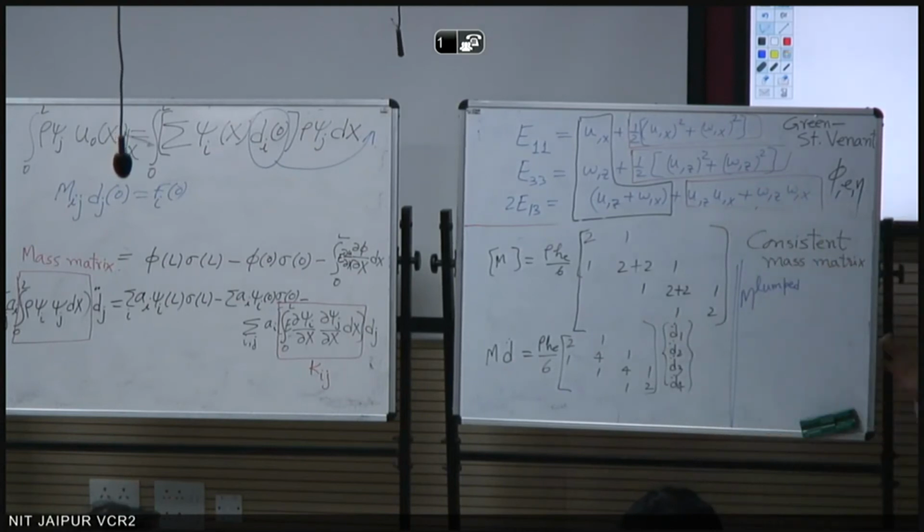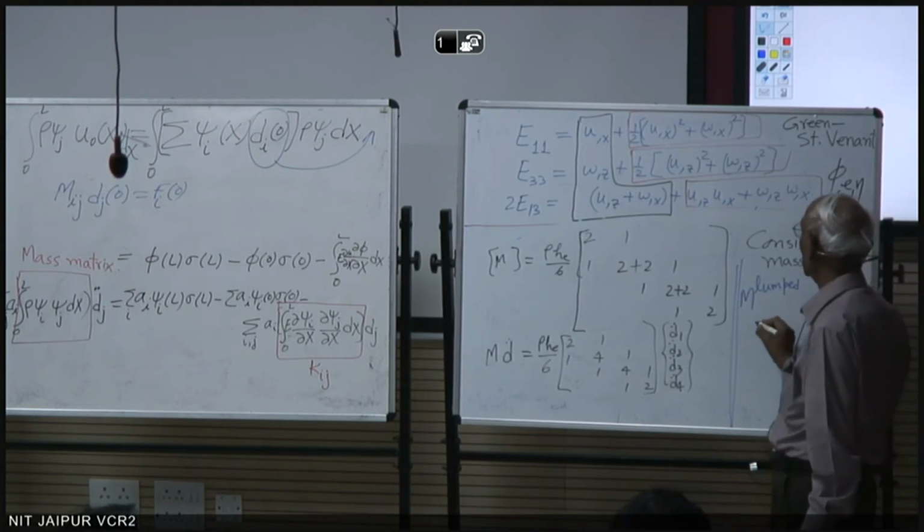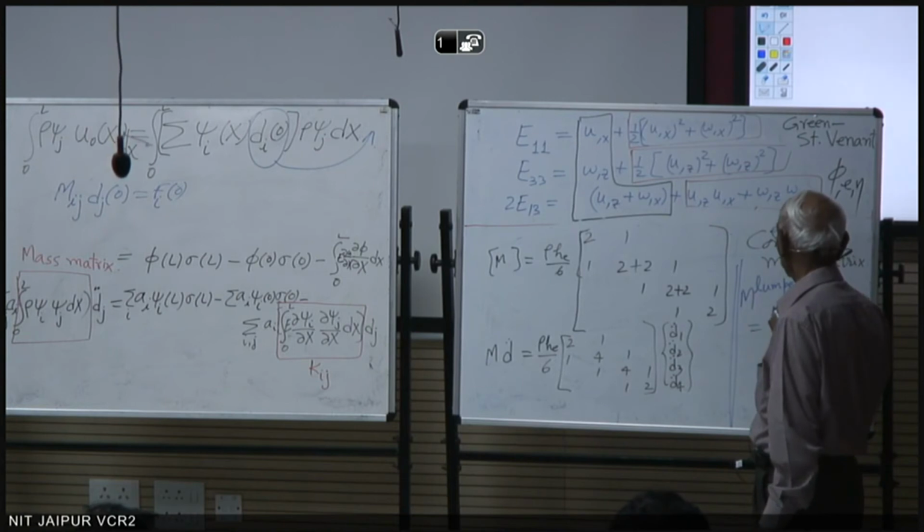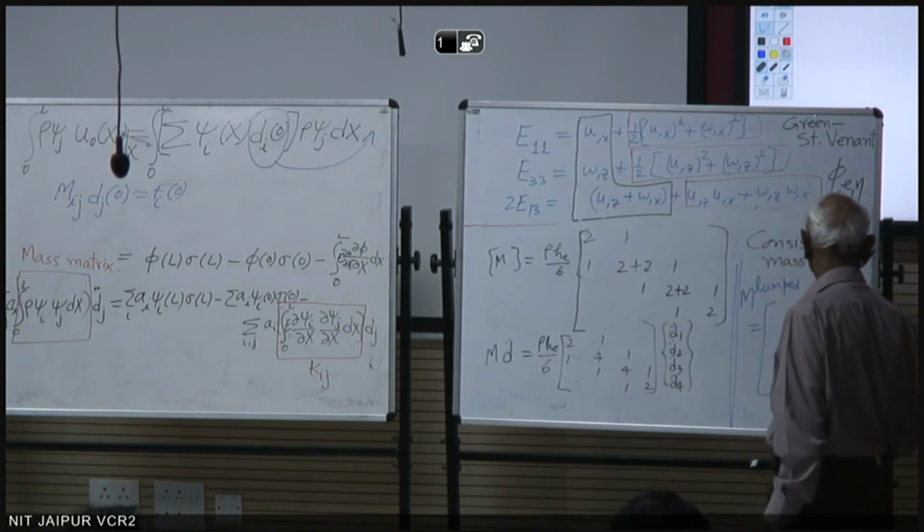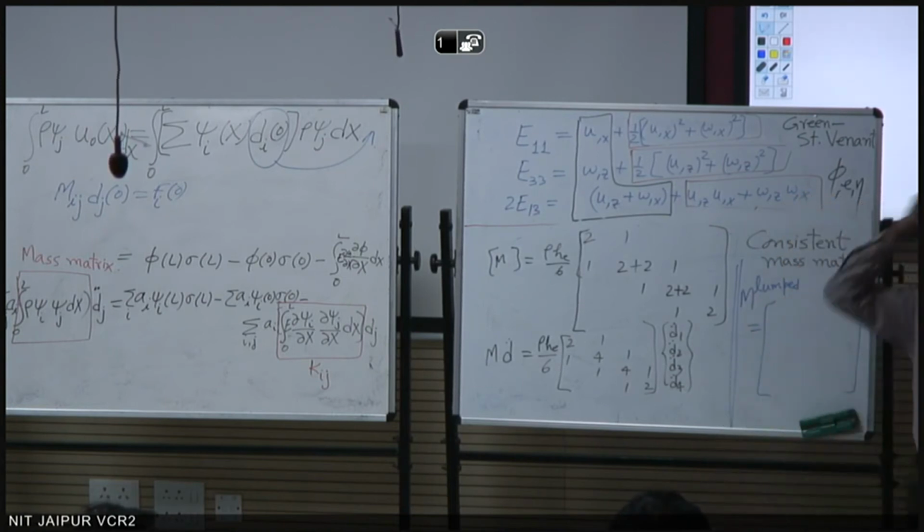Lumped means lump, okay? So there is no coupling between 1 and 2 there. One way to get that lumped mass matrix is, remember, we cannot change the total mass.